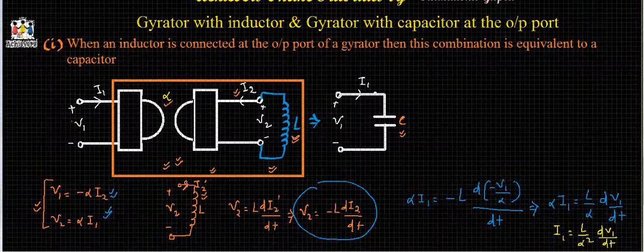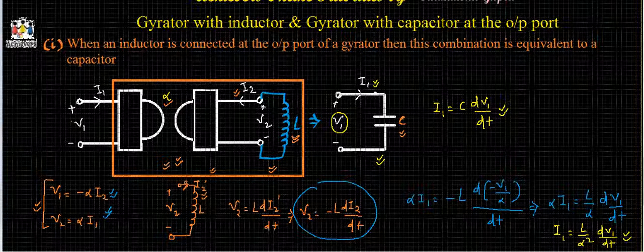Now see, if we have a capacitor whose terminal voltage is equal to V1 and I1 current is flowing through that capacitor, then the relation between I1 and V1 can be written as I1 is equal to C dV1 upon dt. We can see that this equation is similar to this equation which is obtained for this gyrator and inductor combination.